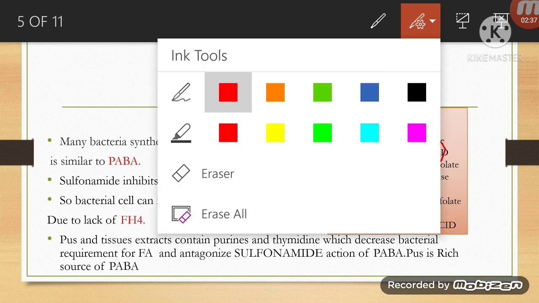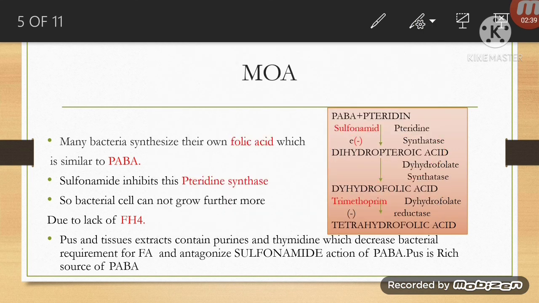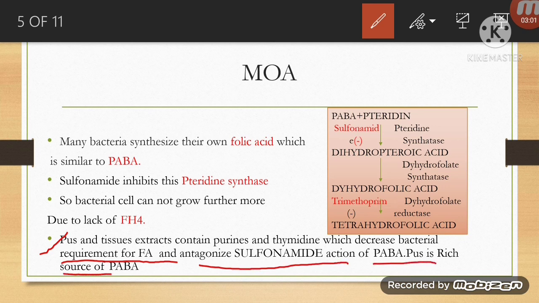Here I have given another point: pus and tissues. Pus and tissue extract contain purine and thymidine, which decrease the bacterial requirement for folic acid and antagonize the sulfonamide action. Pus is a source of PABA. This is a very important line in your GPAT as well as NIPER examinations, because questions are asked directly from these lines.